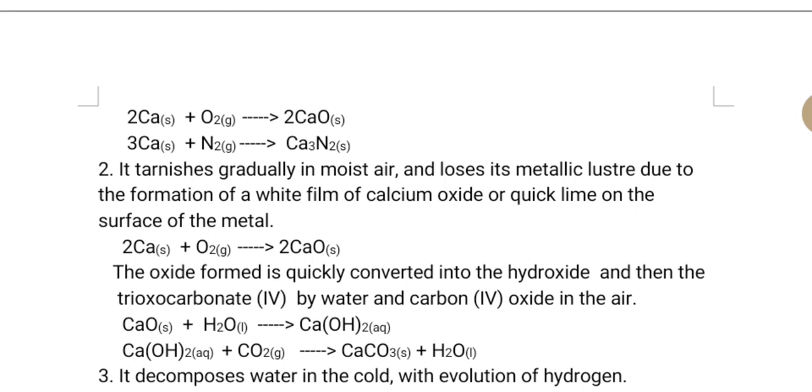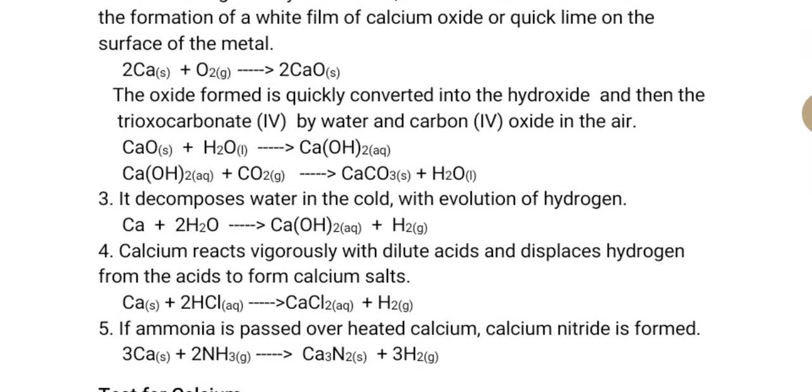The oxide is quickly converted into the hydroxide and then the trioxocarbonate(IV) by water and carbon dioxide in the air. Calcium oxide plus water gives calcium hydroxide. Calcium hydroxide plus carbon dioxide gives calcium trioxocarbonate(IV) and water.